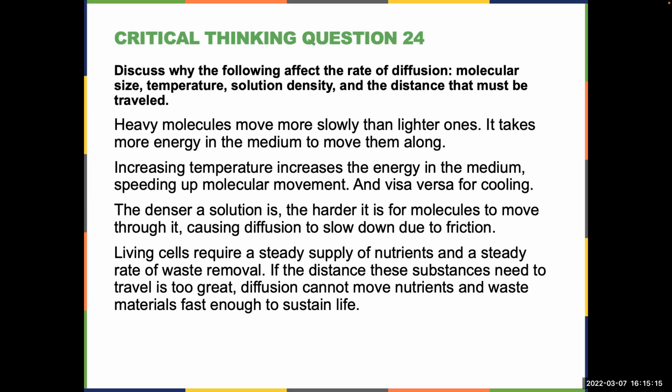It's going to speed up diffusion. A denser solution is harder for molecules to move, slowing it down. Okay, so living cells require a steady supply of nutrients and a steady rate of waste removal. If the distance the substances travel is too far, diffusion won't be able to keep up with the demand for nutrients and waste removal, and it will not be able to survive.